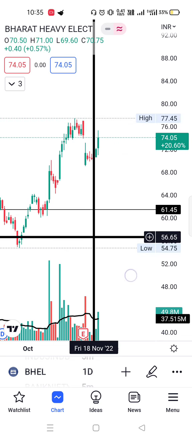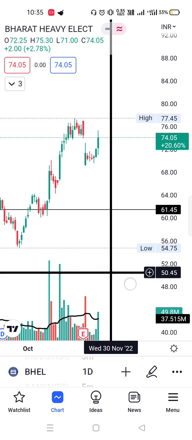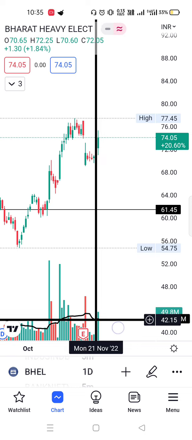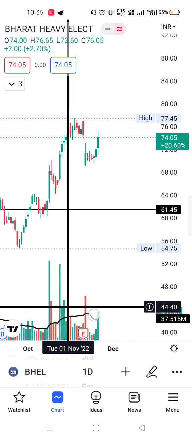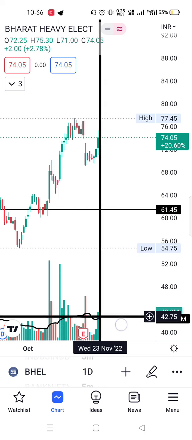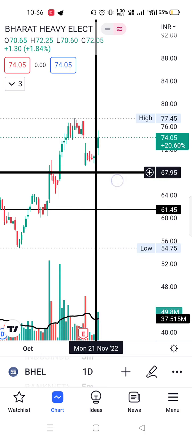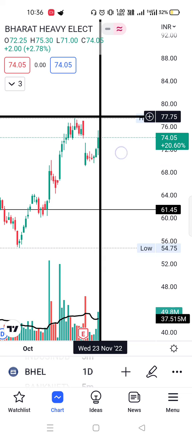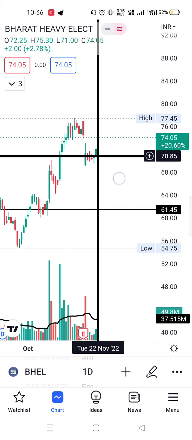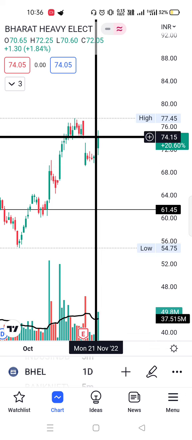So in the case of the BHEL also it is not advisable, because the bull volume chart, the green volume chart, is not greater than the previous day chart. So it was increased in the moving averages, but it is not greater than the previous chart. So therefore it is not advisable to take the trade. And one more thing, it has not broken the resistance of 77, so it will be treated as a consolidation zone.